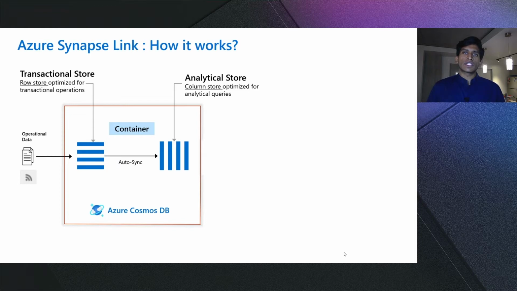The analytical store is a fully isolated columnar store optimized for typical analytical queries over large volumes of data. Any new inserts, updates, deletes to operational data are automatically synced from the transactional store into the analytical store in near real time, within a couple of minutes. This auto sync capability does not consume RUs which you have provisioned for your transactional workloads.